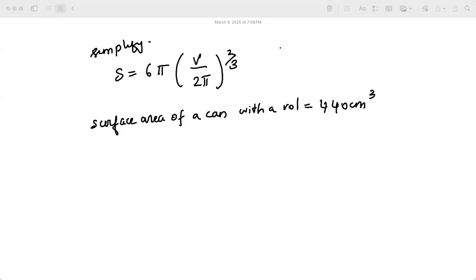Direct plug in, but then the hard part about it is to find it correctly using the calculator. 440 is the volume. Then find the surface area. And the simplified formula, both I want. The answer that you need to give is the simplified formula and then the surface area.